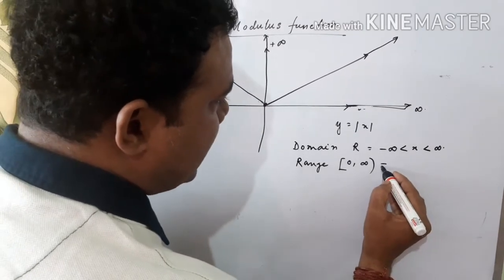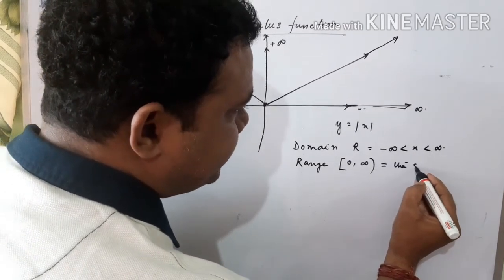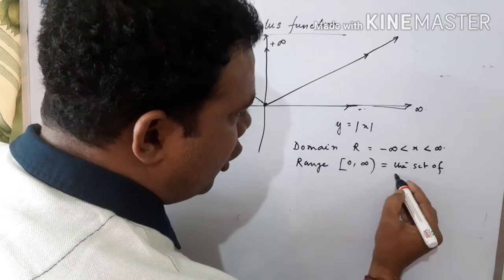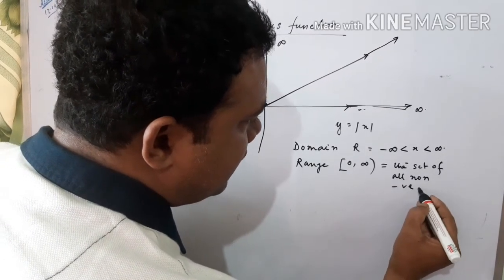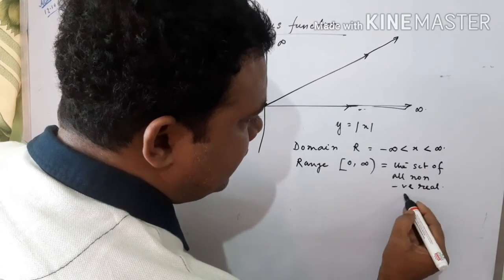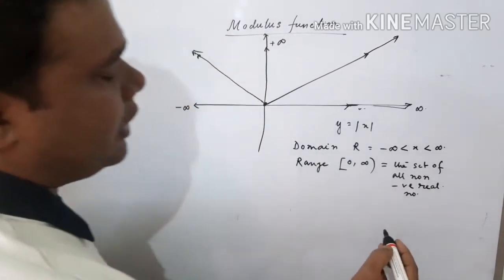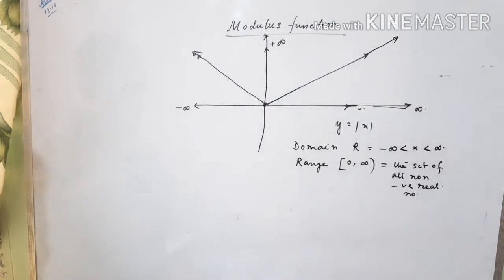So the set of all non-negative real numbers is the range of the function. The domain is all real numbers, and the range is the set of all non-negative real numbers.